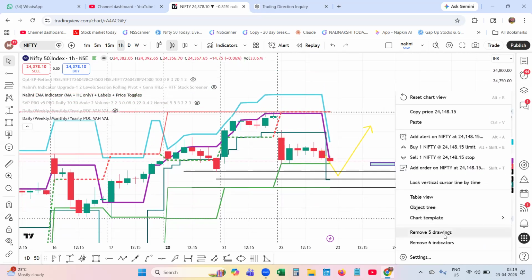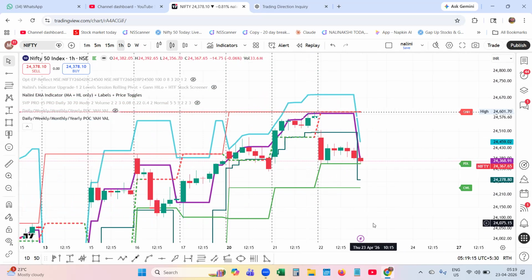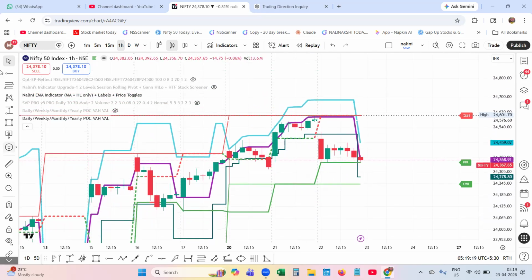Let me take out the drawings over here. This is the value area high, value area on a weekly basis, the point of control is over here, and the point of control on Wednesday was here.